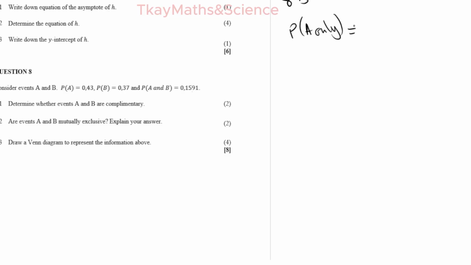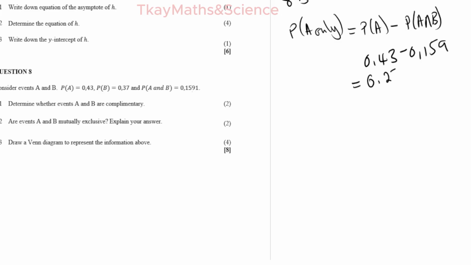That is equal to the probability of getting A minus the probability of getting A intersection B. So we're going to get 0.43 minus 0.159, which will give us 0.271.